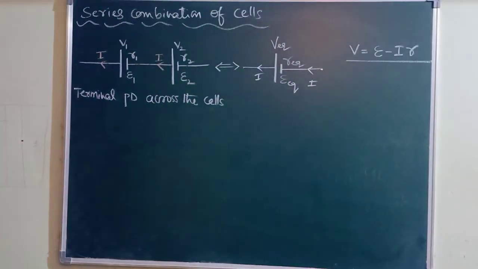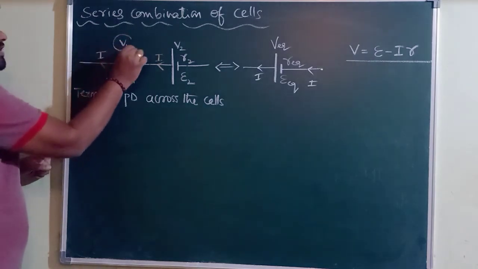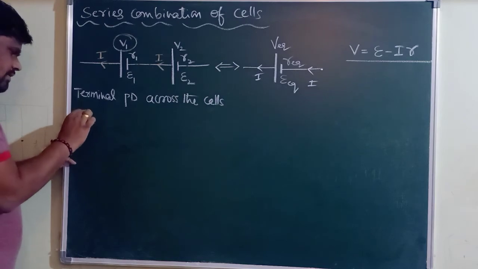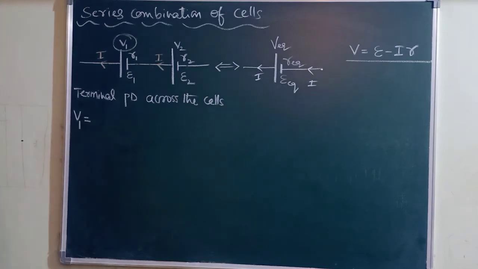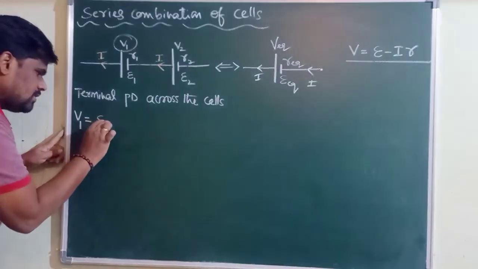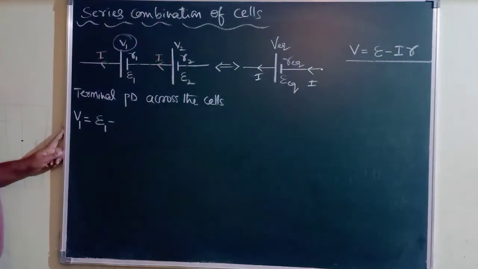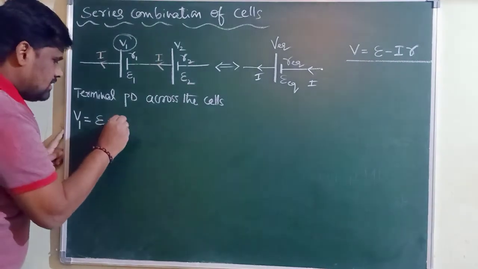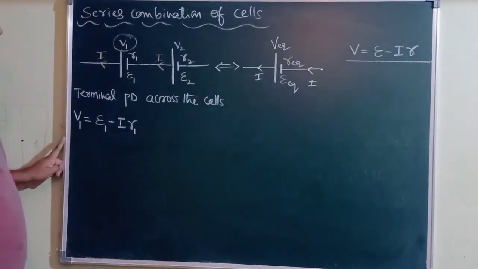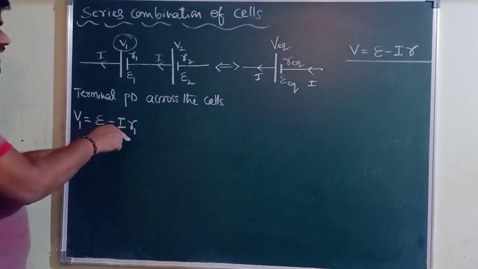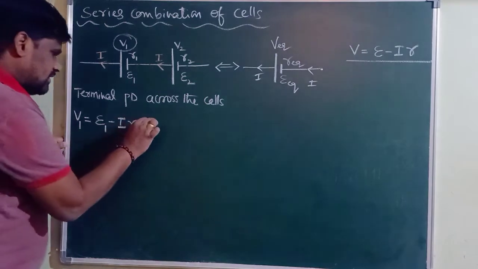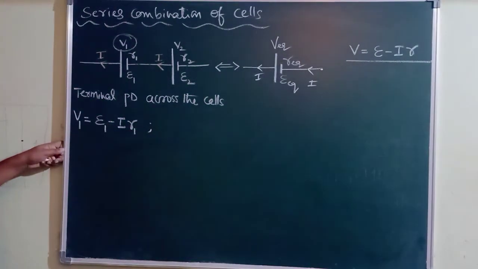What is the terminal potential difference across the first cell? It is given by V1 equals its EMF E1 minus current I times its internal resistance R1. V1 equals E1 minus IR1, with reference to this equation. Similarly, what is the terminal potential difference across the second cell?